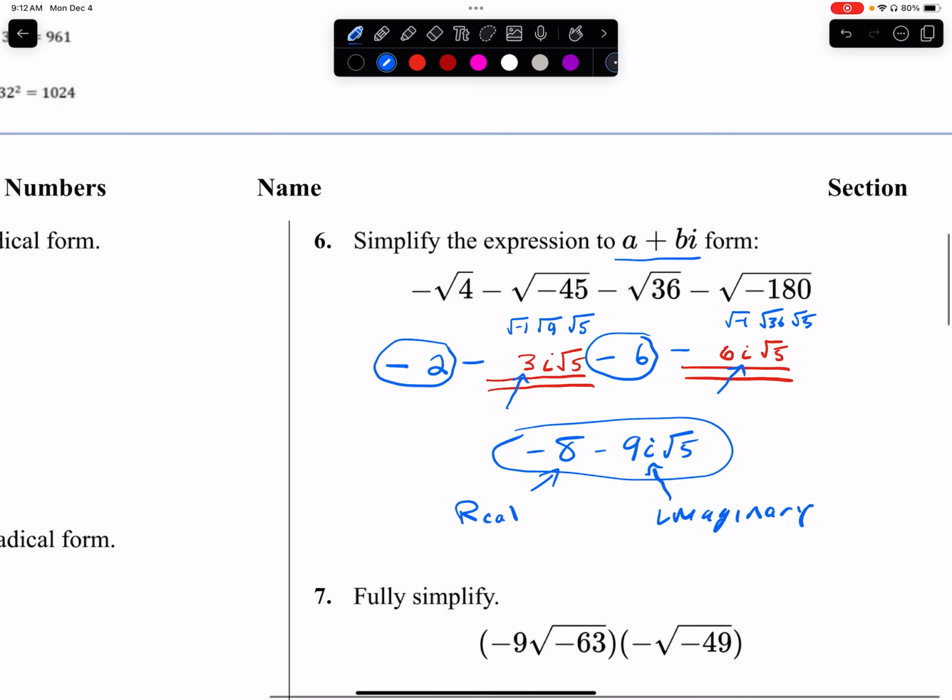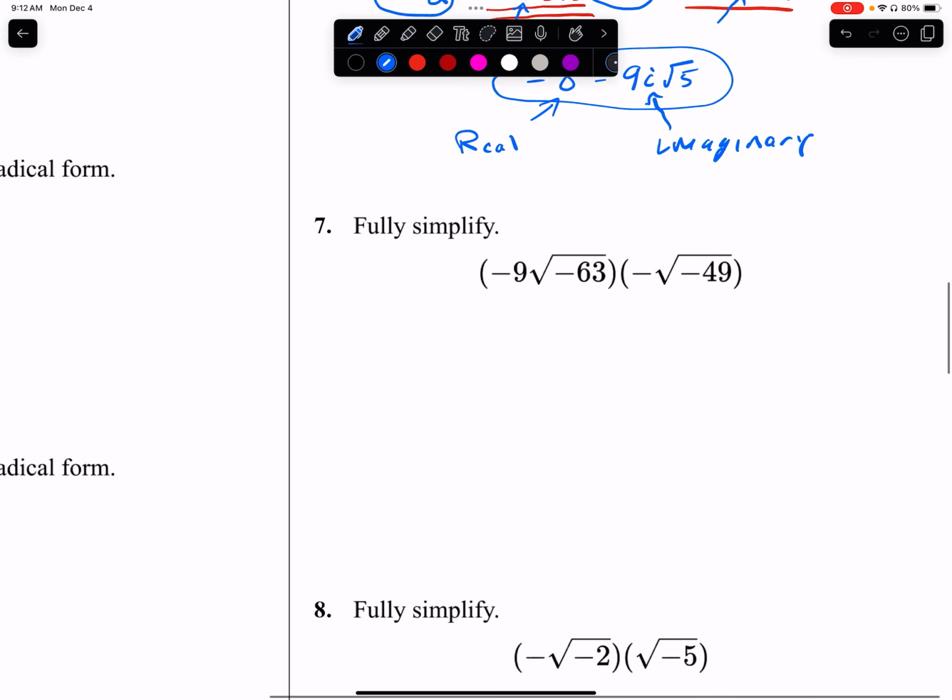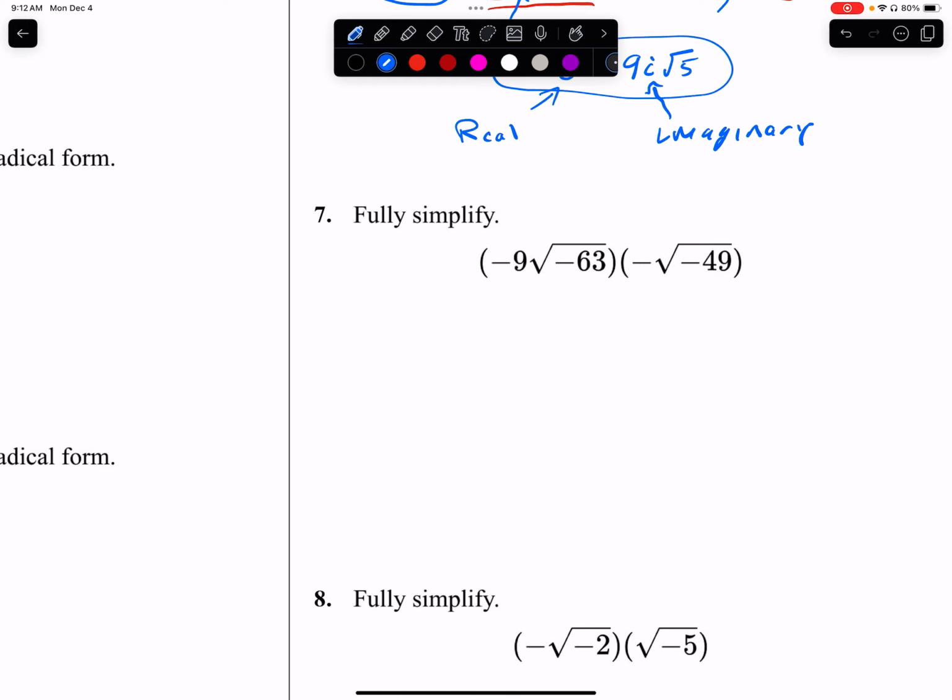All right, now what happens when we multiply these numbers together? When we multiply these numbers together, we're just going to list everything out. Okay, so I've got negative 9 times this. I'm going to pull out the square root of negative 1 and the square root of 9 and the square root of 63, because 9 times 7 is 63.